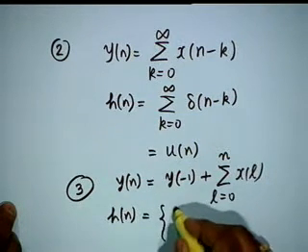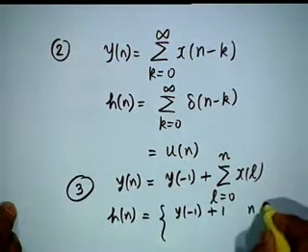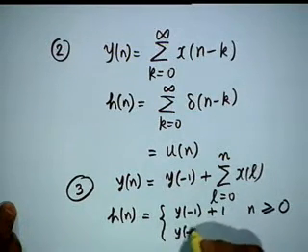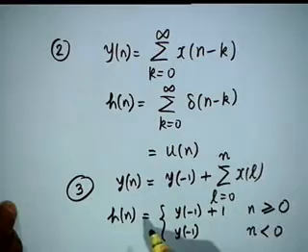In the same manner, it would be y of minus 1 plus 1 if n is greater than or equal to 0. On the other hand, it is simply y of minus 1 if n is less than 0. All right? You know that this is a nonlinear system. So nonlinear systems can also have an impulse response, but the other properties that we are going to discuss will not hold. Convolution, for example, will not hold for a nonlinear system in the form that we are going to present it.